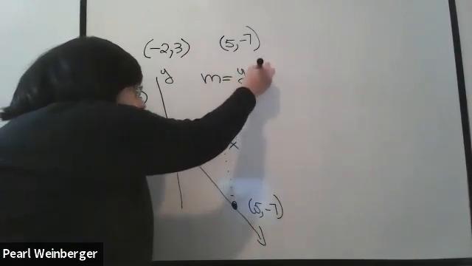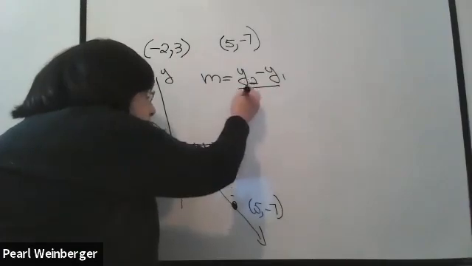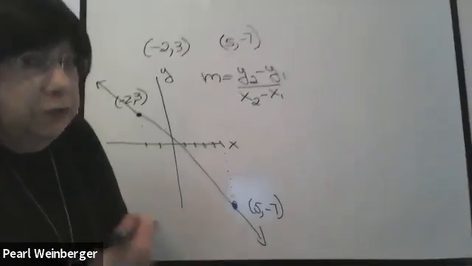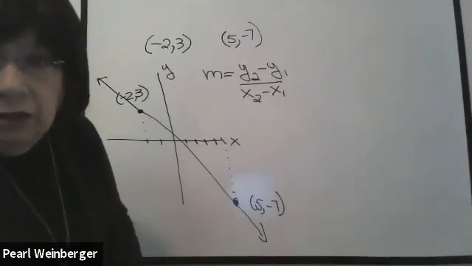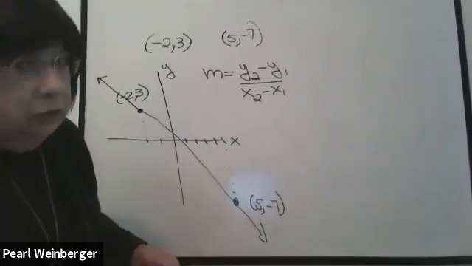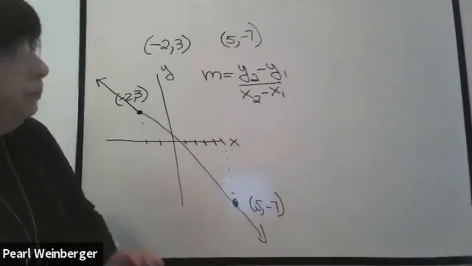y2 minus y1 over x2 minus x1. And this formula is so important that you must know it by heart. You can't go into any test or any example without knowing this formula. If you're doing graphing, you must know this formula.